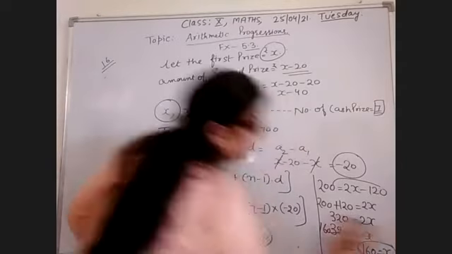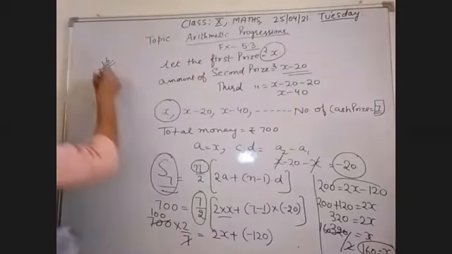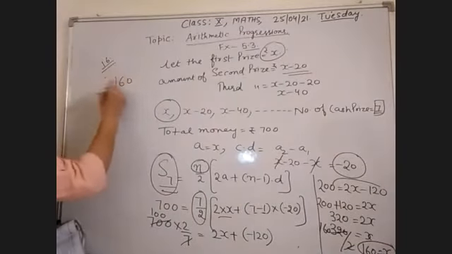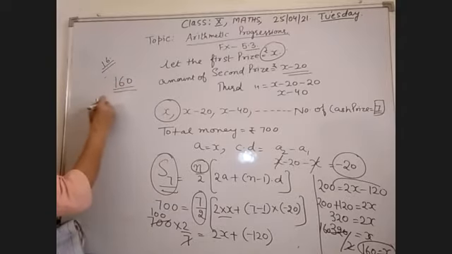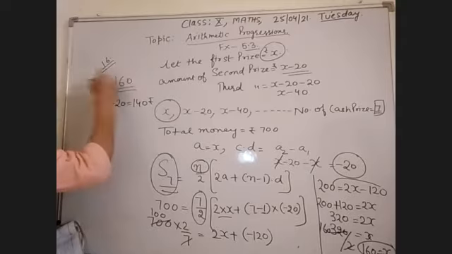So your first cash prize value is rupees 160. First cash prize value is 160 and the second is 160 minus 20, that is rupees 140.